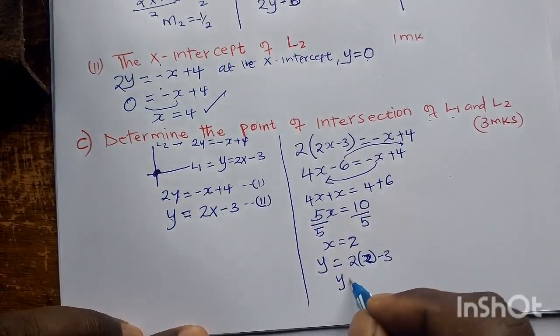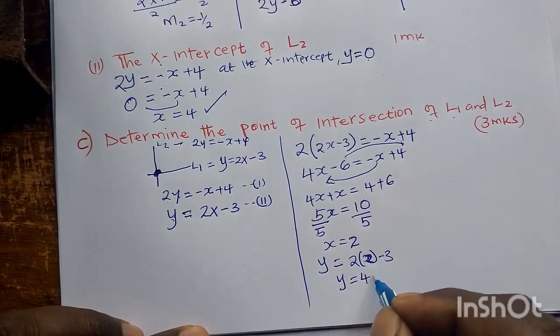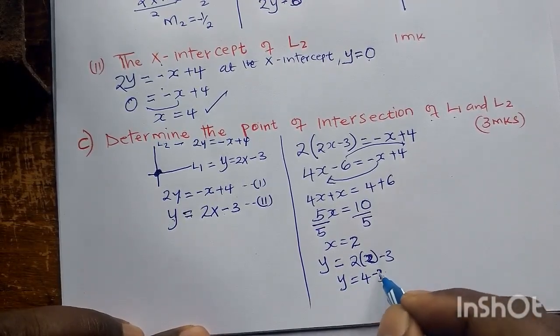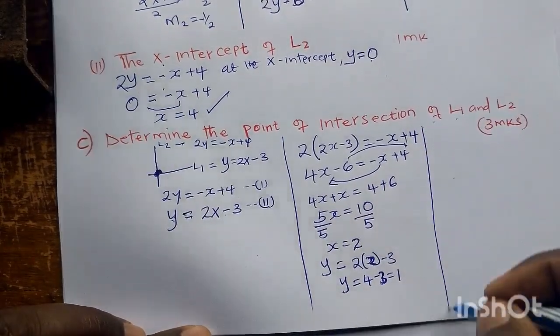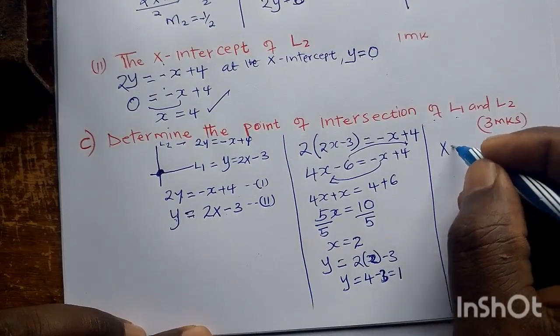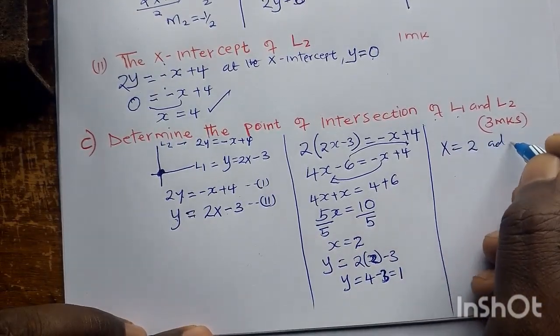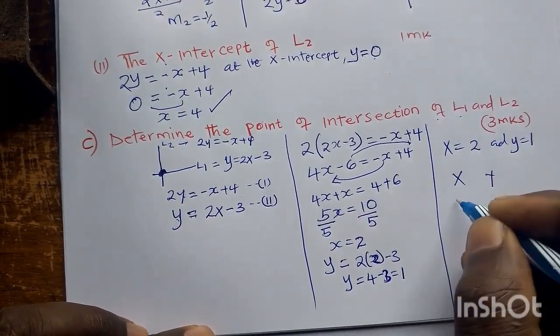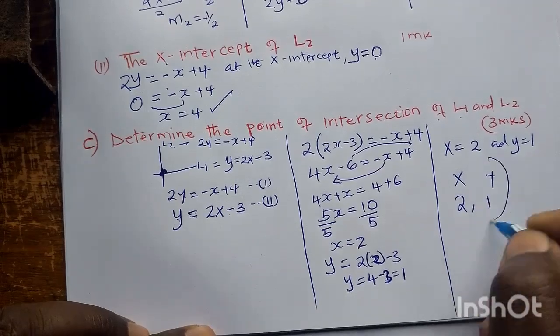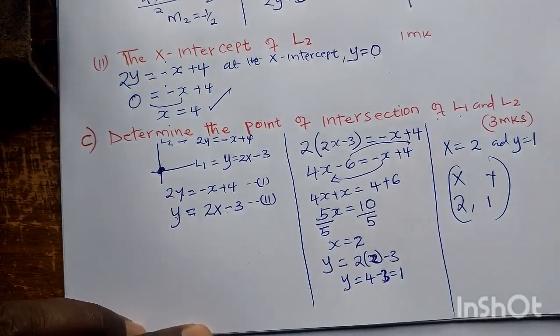Therefore, y equals 4 minus 3, and the answer is 1. So the point of intersection will be x is equal to 2 and y is equal to 1. Therefore, the point (x, y) is (2, 1). That is the point of intersection.